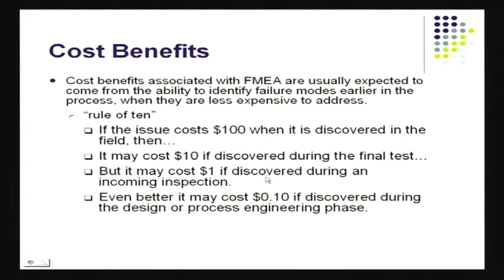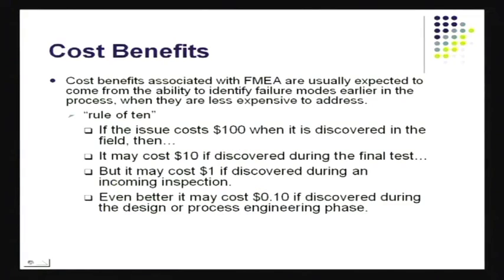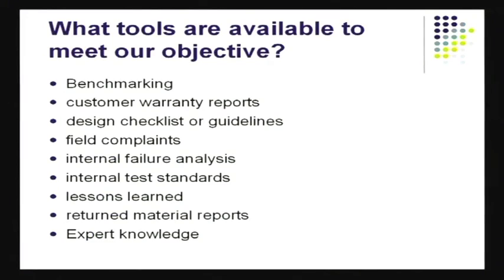It may cost only $1 if the problem is discovered during incoming inspection, before you took that part and assembled it in a complete system. So it looked at your transistors or chips before they entered the system. And it's even better if you can do all this right at the design stage itself. So start your FMEA right at the design stage. This is called DFMEA.